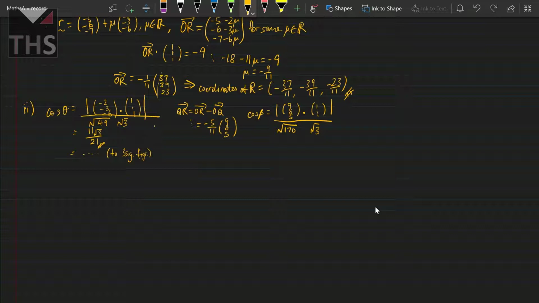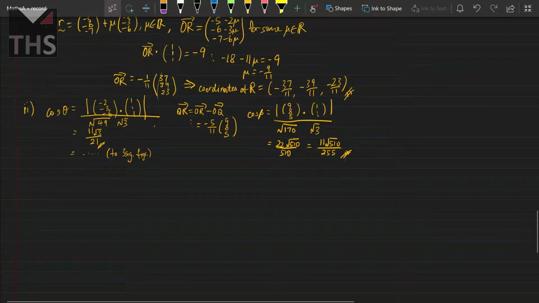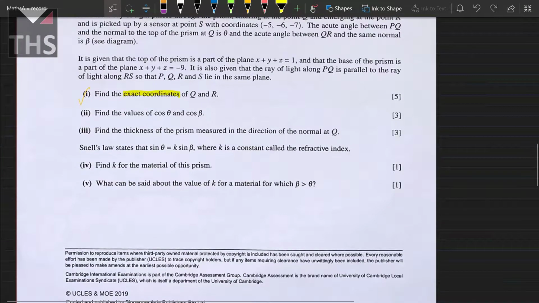Your final answer will be, let's see, 22 square root 510 over 510, which if you really want to be specific, 11 square root 510 over 255, yes. Again, a three significant figures answer will be fine, but it's up to you. So again, these 3 marks, we are done.